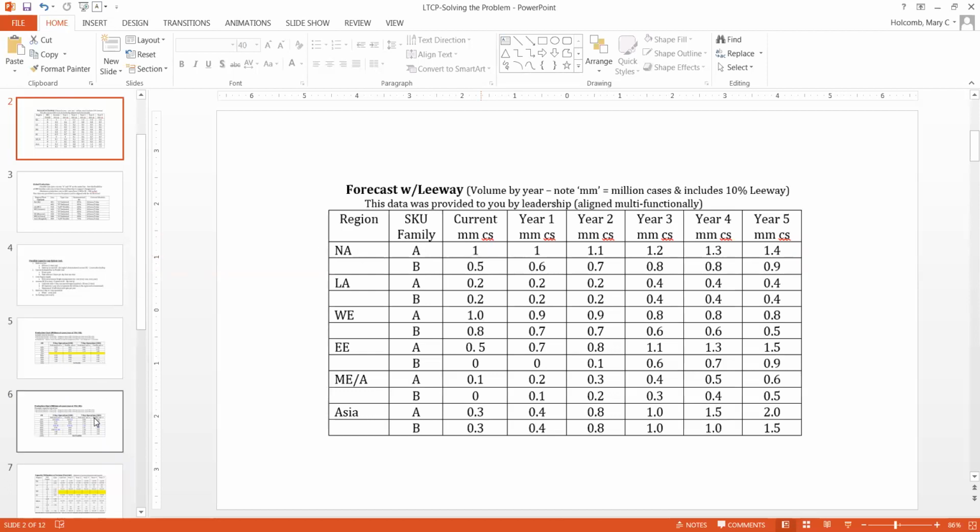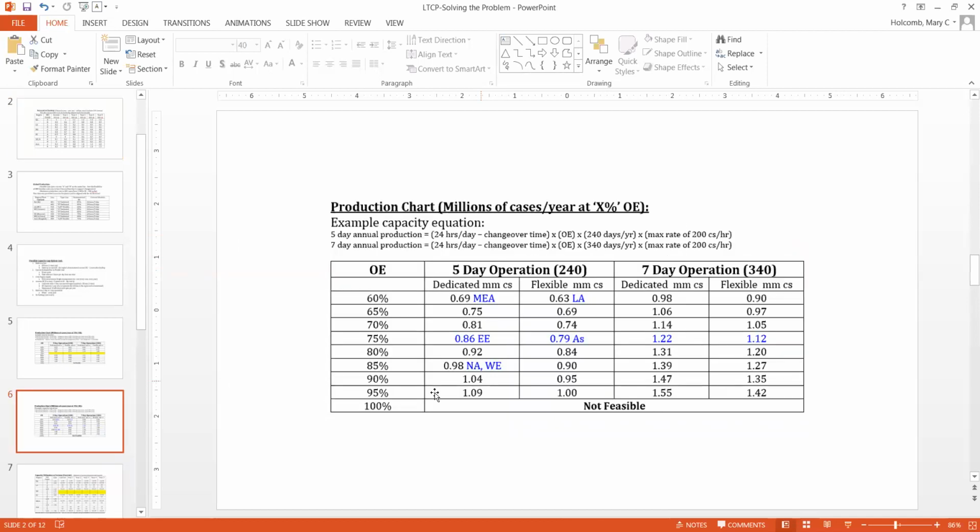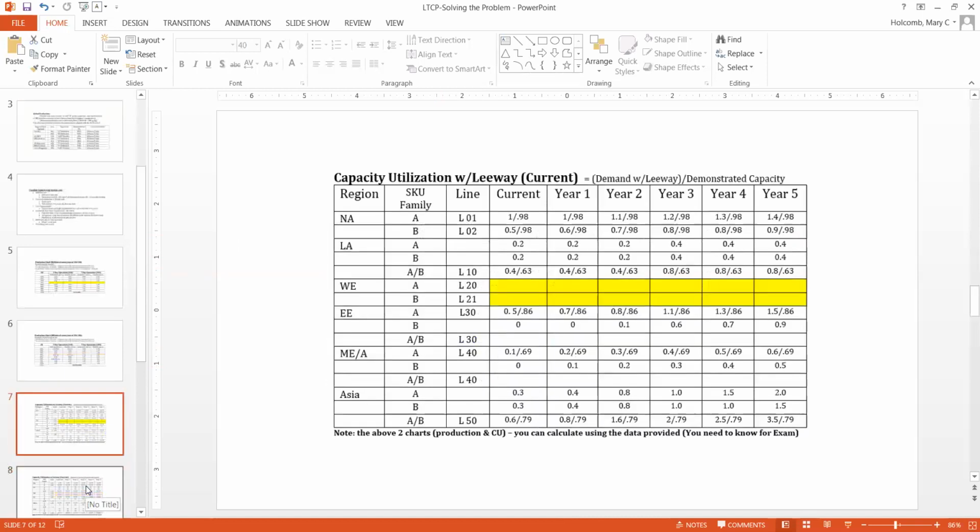If we also look at where they are, because they're at 85% operating efficiency, our current capacity is 980,000 cases, or the 0.98, since to keep the numbers reasonable, we're reporting them in millions of cases. So that's where those two numbers came from. 1 million cases is our demand with leeway, and the second number is our demonstrated capacity, which is 0.98.